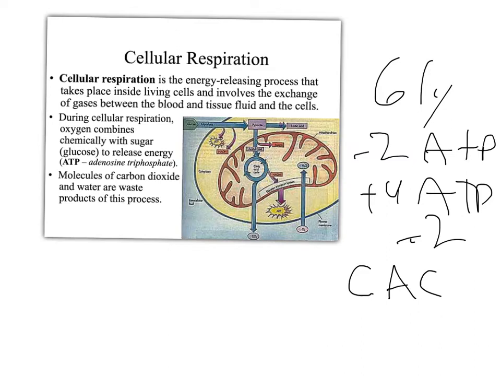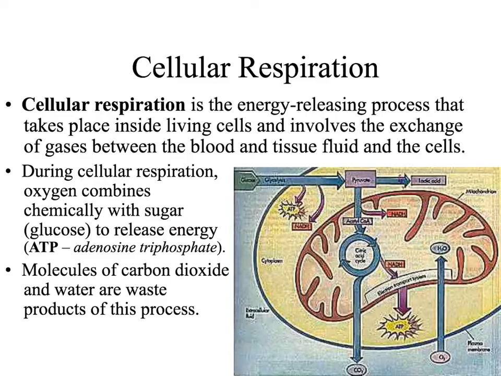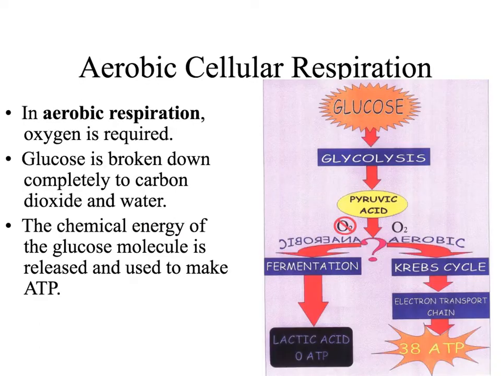And then those products will lead into the electron transport chain, and that's our big payoff for the majority of our ATP generated. Aerobic was with oxygen, and once again, the big thing to remember is how much ATP is produced in this process. It's going to generate a lot more energy for us.